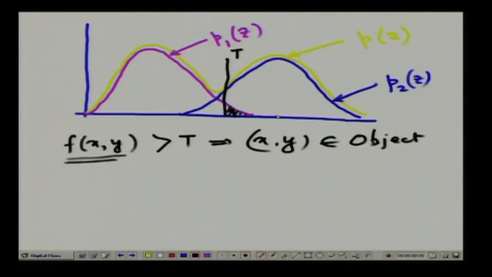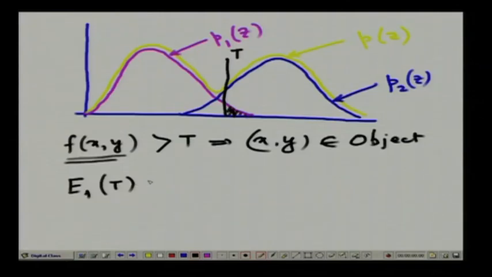So, the probability of considering a background point as an object point leads to an error, that is, a background point may be classified as an object point. So, the error that you encounter in that particular case is given by say E 1 t, because this error is threshold t dependent.